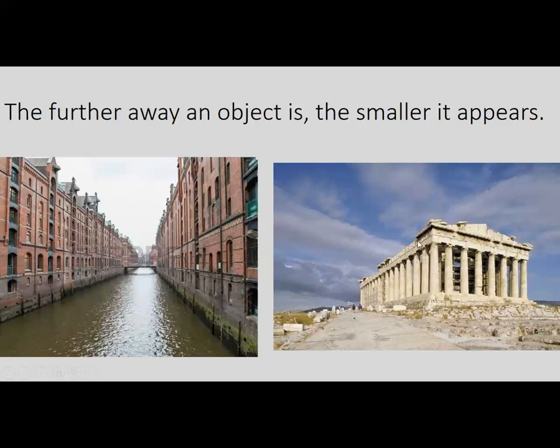And so then when we're looking at the Parthenon here, we're looking at it from an angle, we notice that the closer this is to us, the taller that column appears. And then as we move further away in space on the left, that last column appears a lot smaller.